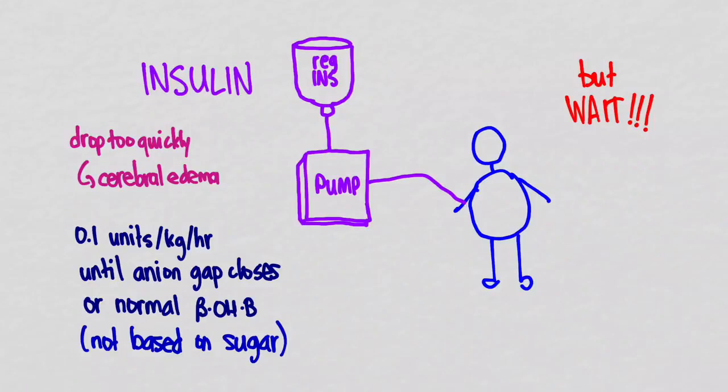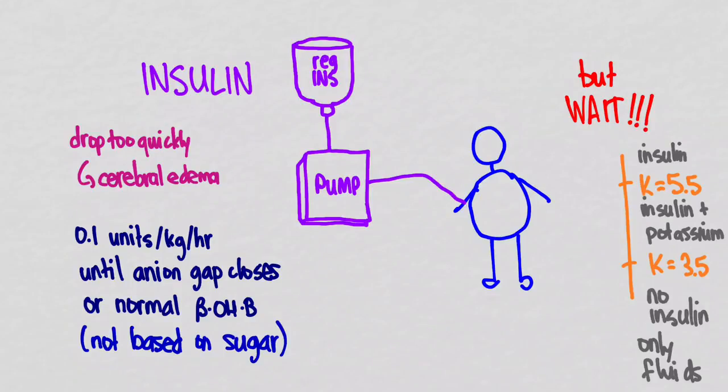But wait, we cannot actually start the insulin until we know what the potassium level is, because giving insulin to someone who's hypokalemic, it's going to drop it really quickly. So again, figure out what the levels are at your hospital, but it might be a potassium of 5.5 and 3.5. So anything above 5.5, you know that there's enough potassium outside the cell that you have some space so you can start insulin.